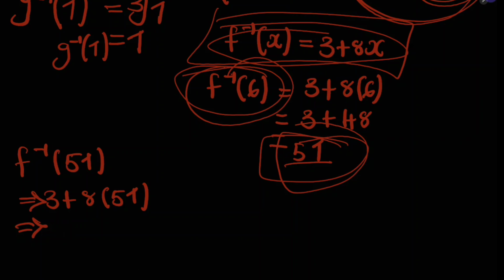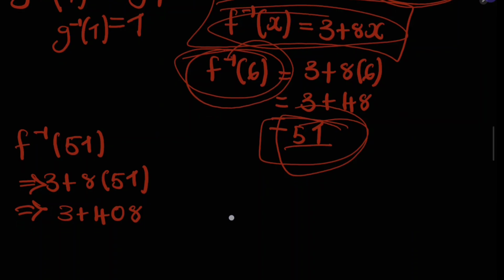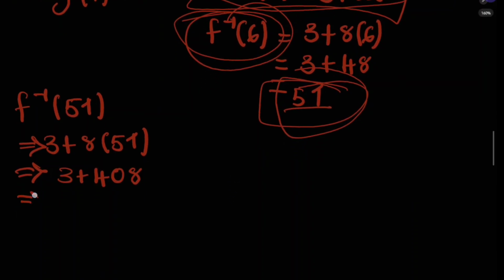So this is 3 plus 408. And this gives us 411.